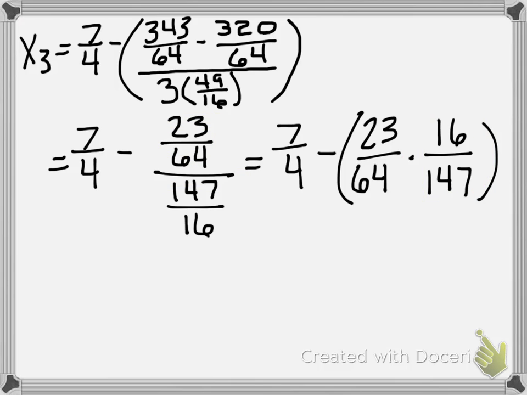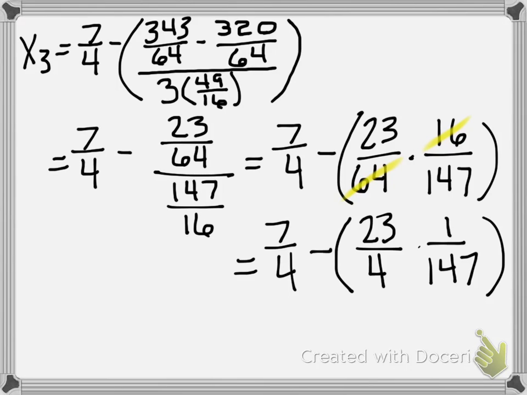And if you notice, 16 and 64, 16 will go into 64 4 times, so we can clean that up a little bit. Okay, so that should give us 7 over 4 minus 23 over 4 times 1 over 147. So then we can go ahead and simplify that some more.